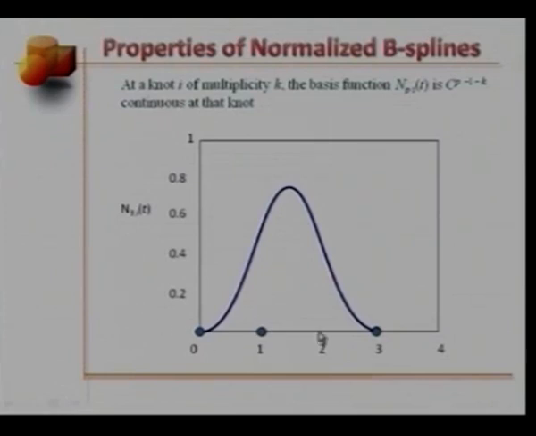Now once I have moved this knot to the right, the curve in red depicts the shape of the new basis spline function. Notice what happened here. I lost the slope continuity.